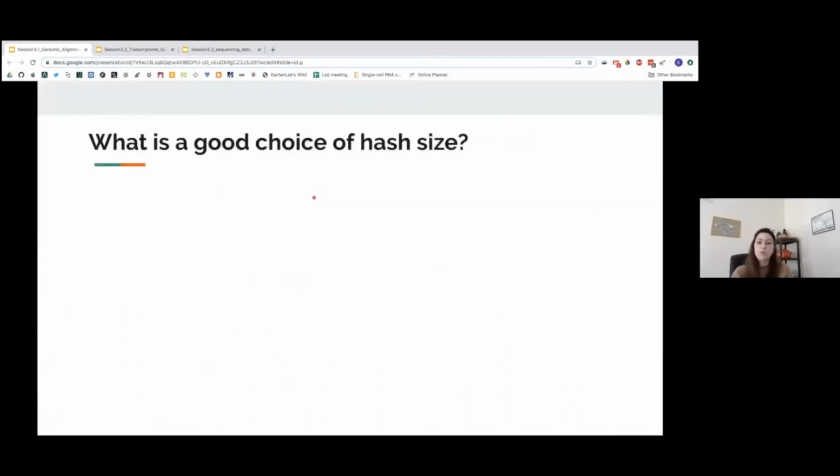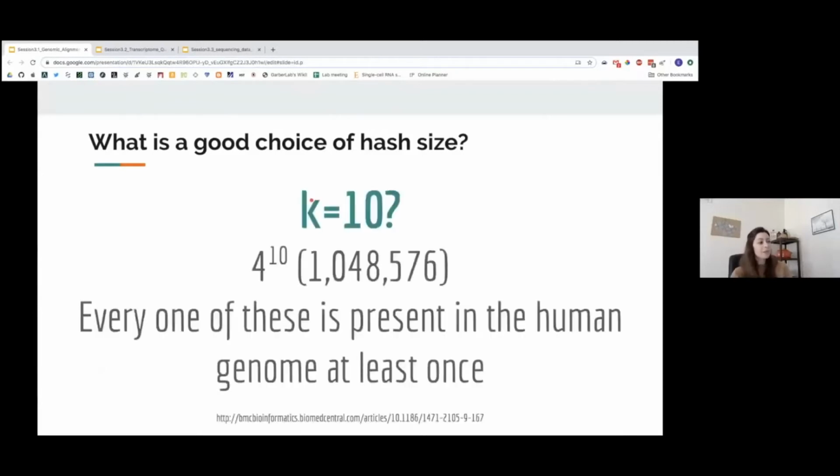All right, so what is a good choice of hash size? In this case, we had a small genome example. We used a small word. But if you think about the human genome and you think about a k size of 10, so words of 10 bases each, you can have up to 1 million different words composed of 4 nucleotides that are 10 bases long.